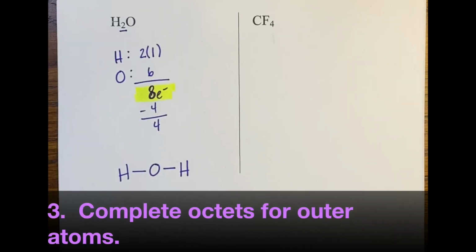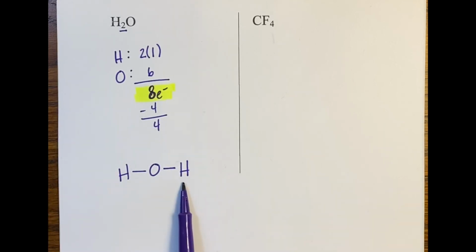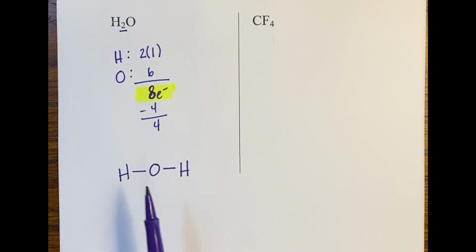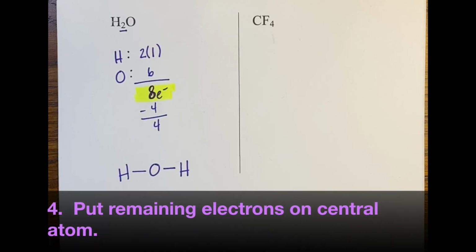As I move on to rule number 3, I'm going to complete the octets for my outer atoms. In this case, my outer atoms are the hydrogen atoms that I have, and I know that hydrogen will only ever have a duet. So my hydrogens are happy with the 2 electrons in the single bonds that they each have, so there's no electrons to add to those outer atoms. Rule number 4 says to put remaining electrons on your inner atom.